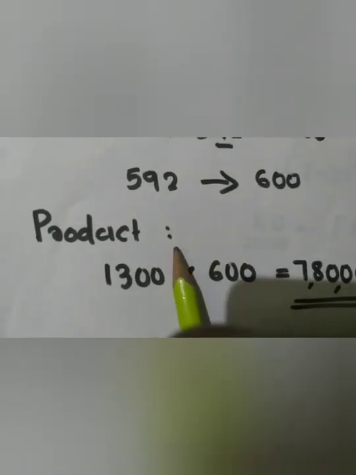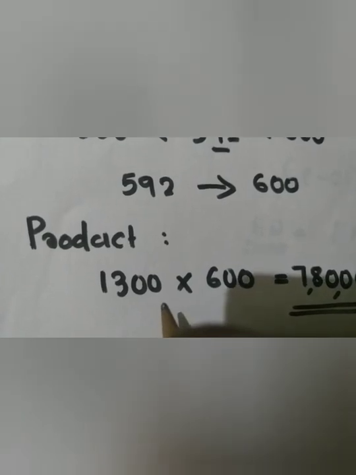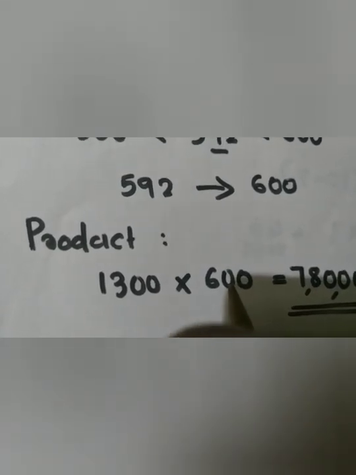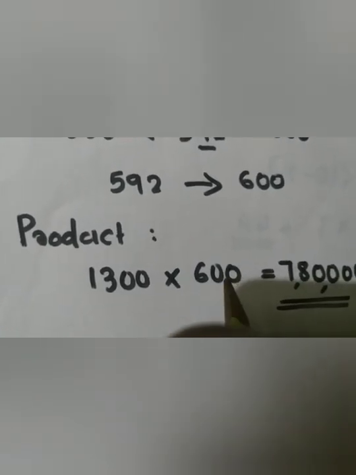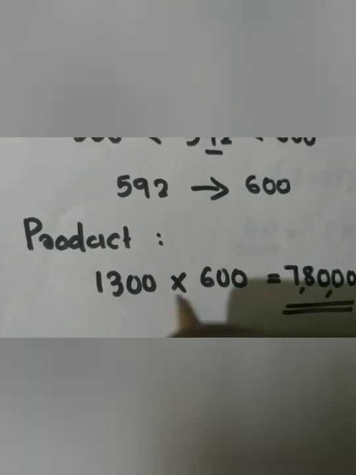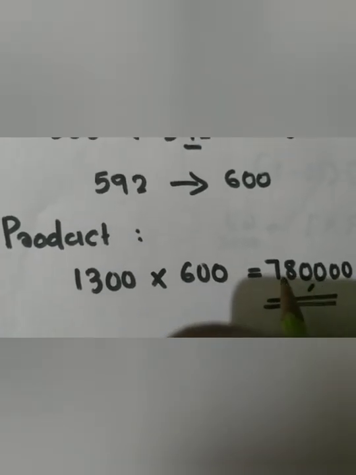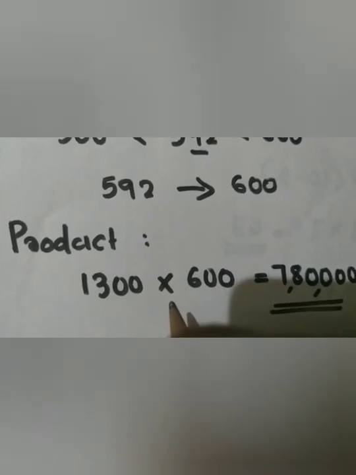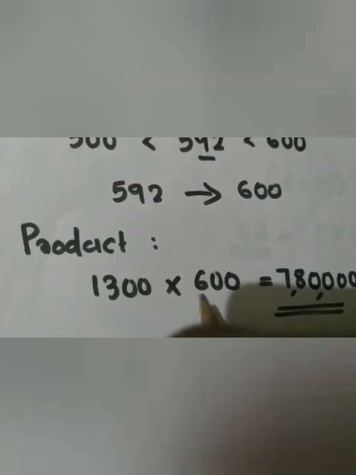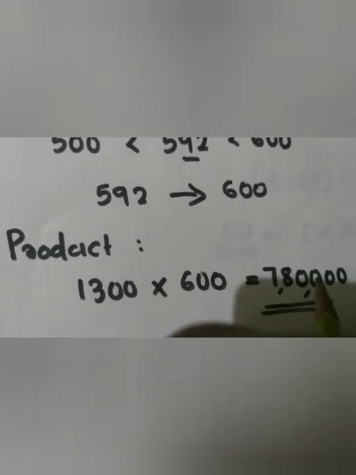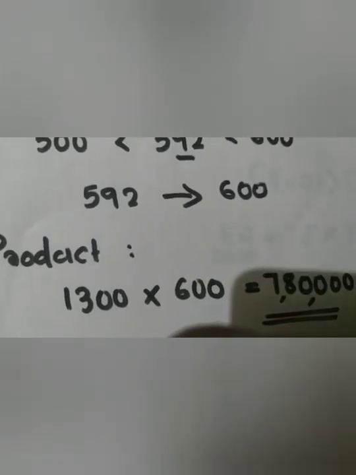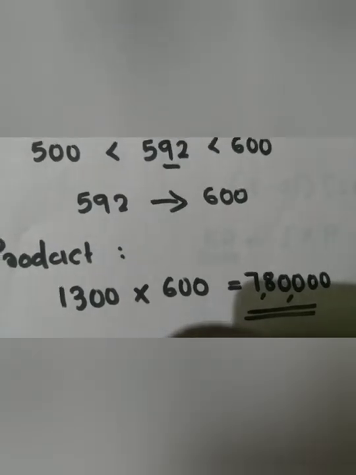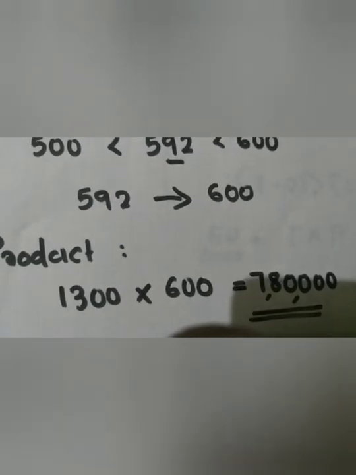So finding the estimated product, 1300 into 600. Here also, avoiding zeros, first multiply 13 into 6. 13 into 6 is 78. Then write down the zeros which are there in both numbers. Here 2 zeros, here 2 zeros. So total 4 zeros. So the answer is 7,80,000.